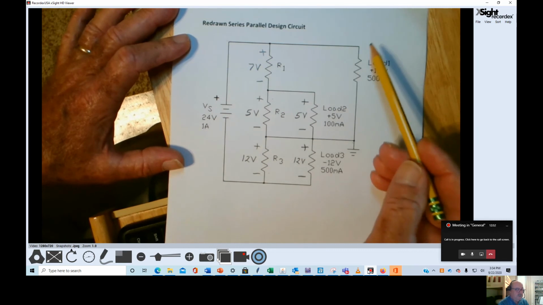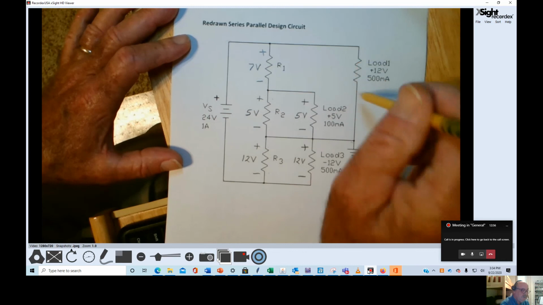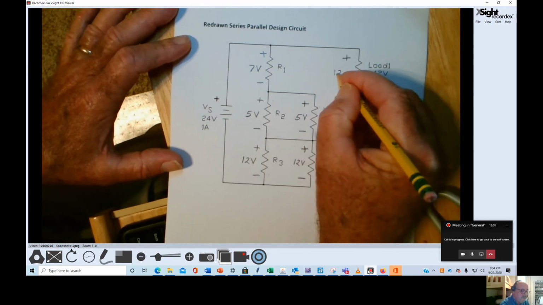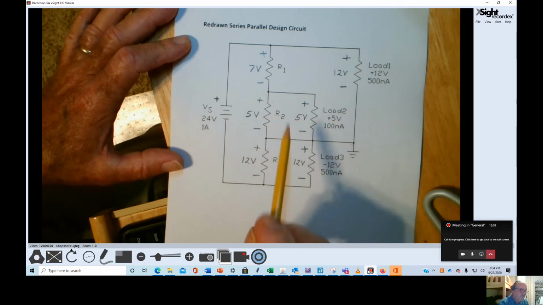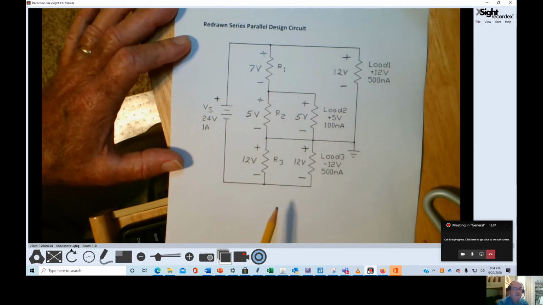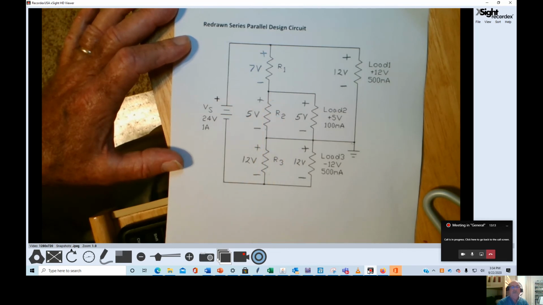Likewise, I know the voltage from here to here is 12 volts. Therefore, the voltage from here to here must also be 12 volts. If VR2 is 5, then VR1 has to be 7.